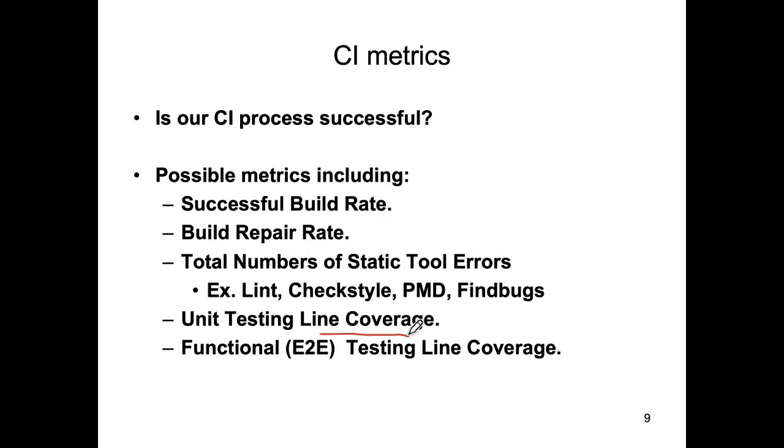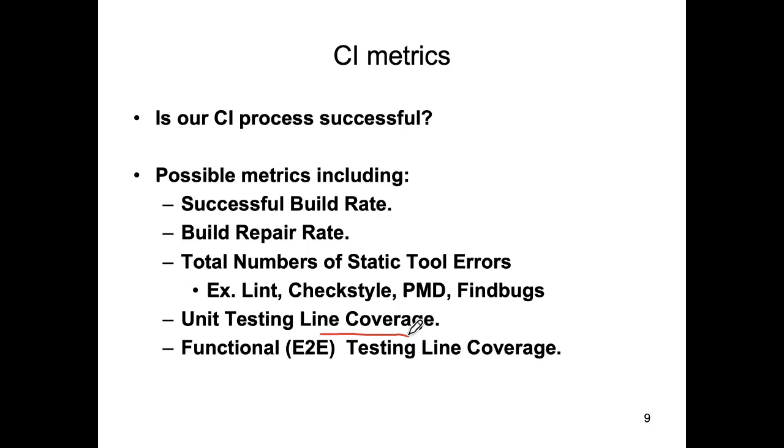And there are tools that will carry out this line coverage measurement for you. We may look at them later on. So the overall point anyway is you should decide, as a software development house, or maybe even within a project, what metrics you are going to use to assess the success of your continuous integration process.